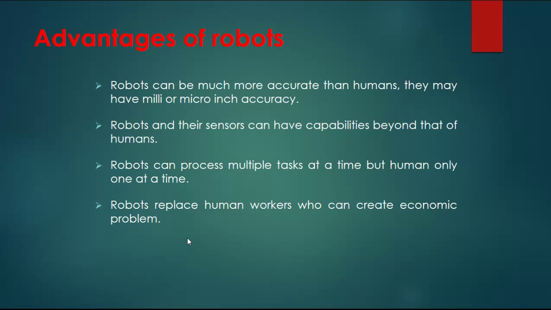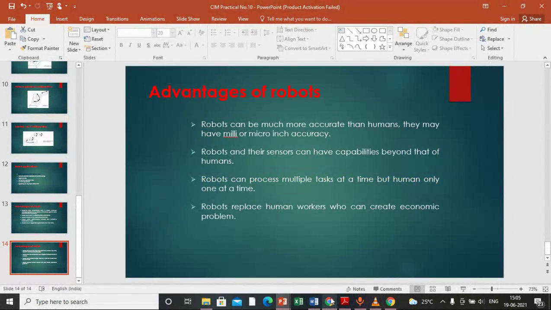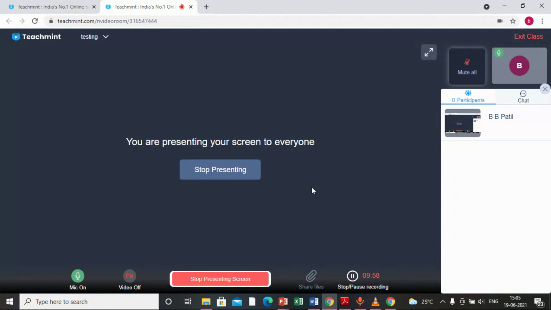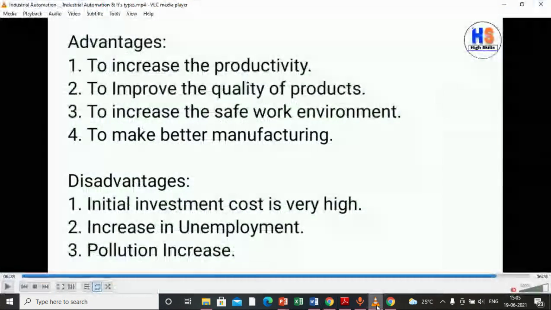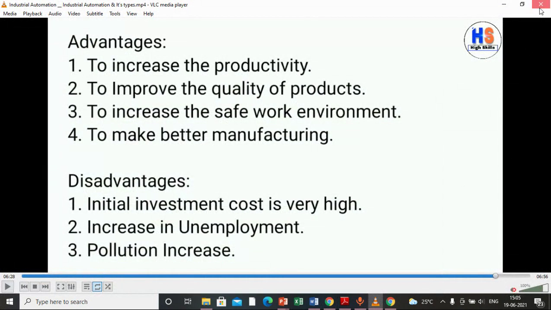Then robots replace human workers who can create economic problems. So these are the advantages where humans are widely replaced by robots. Then we are going to see the exact operation, how robots work. So you can see here.